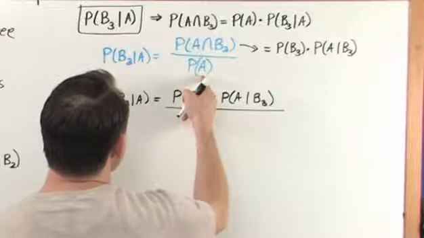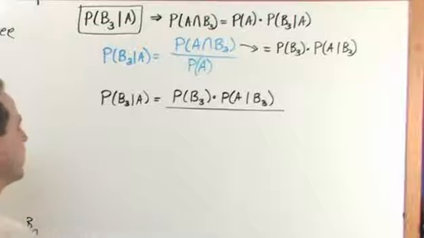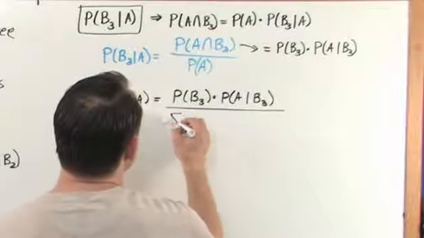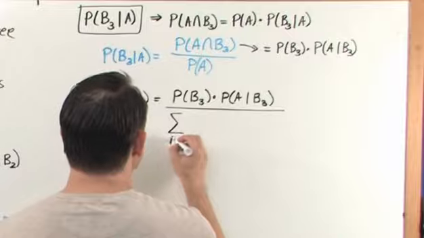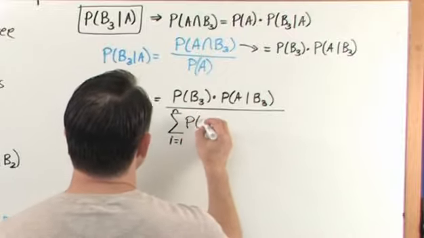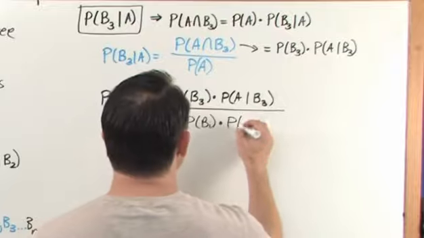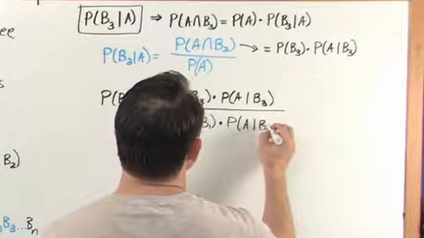We just found that the probability that event A happens is always going to be equal to this rule of elimination, which is simply the sum of all of these little branches with the individual parts multiplied together. The short way to write that is the sum, i equals 1 up to n, just like we wrote before, of the probability of B sub i times the probability of A given that B sub i has occurred.